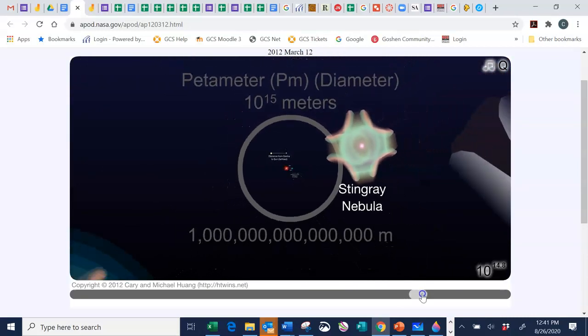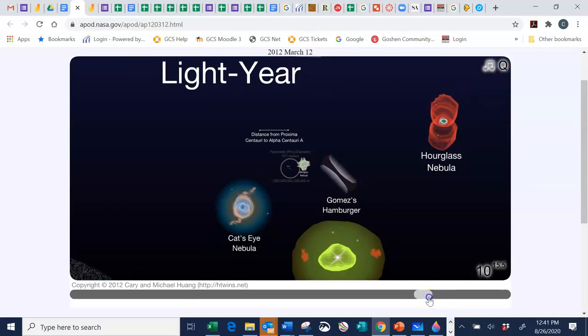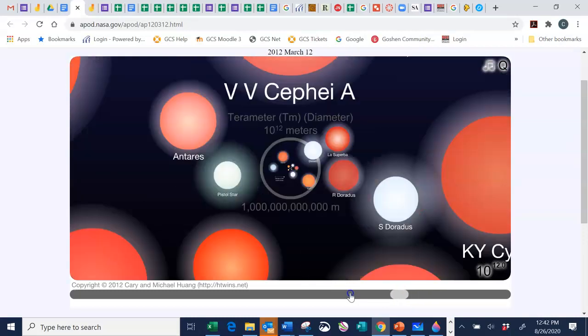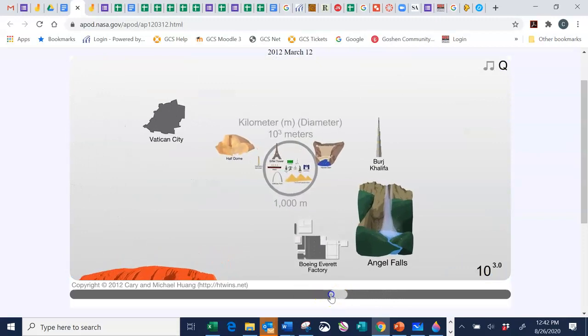Now we're starting to get quite a ways away from Earth. We'll go back quickly to where we started.